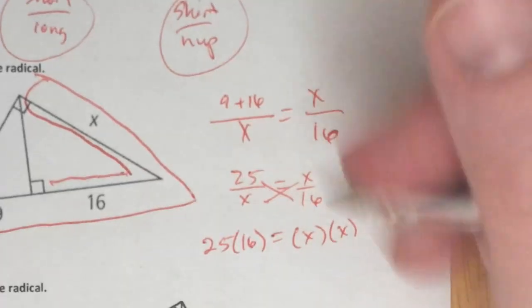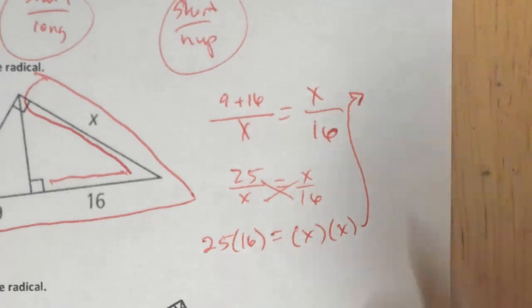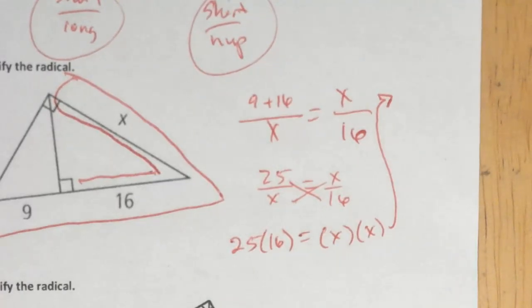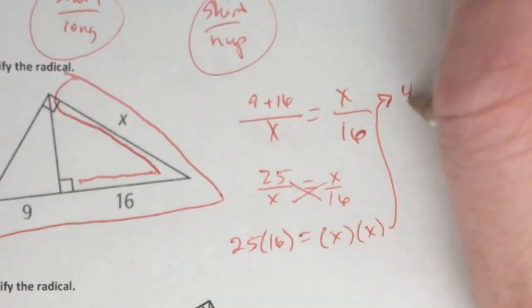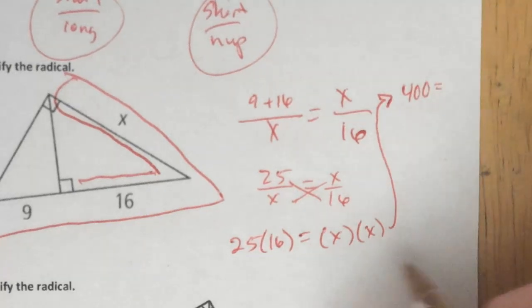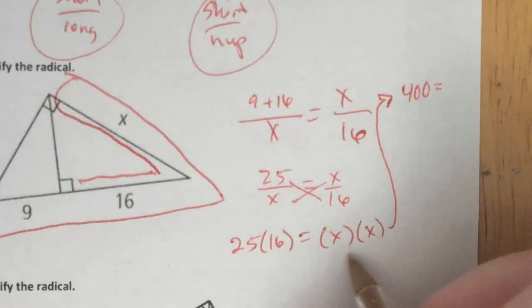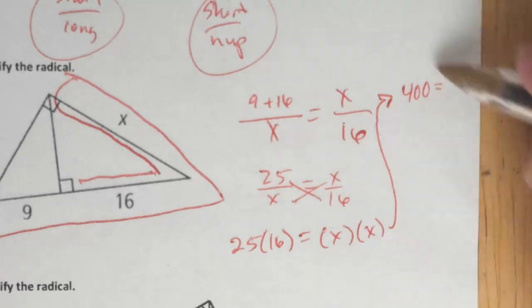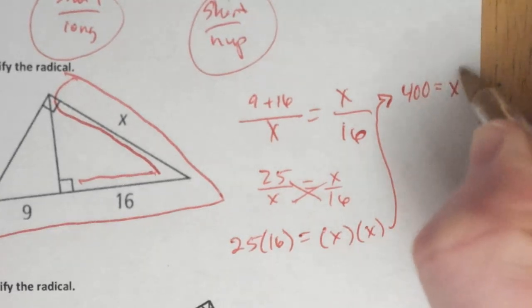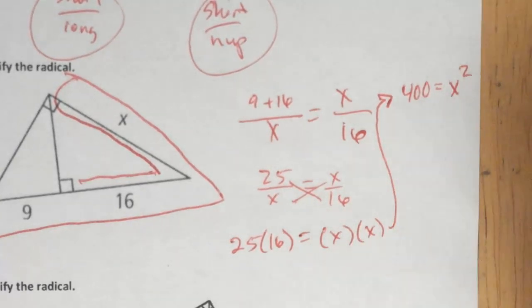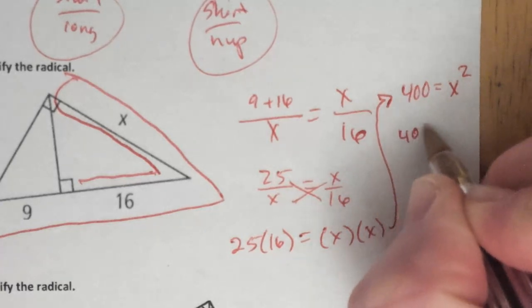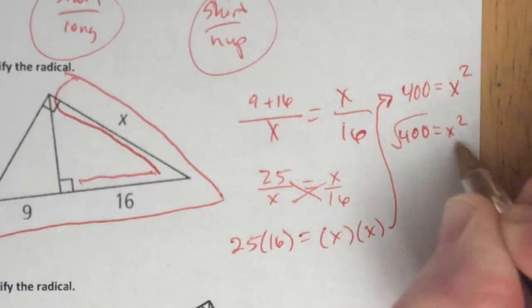Now I ran out of room, so I'll put it up here. If I do 25 times 16, I get 400 equals x times x, and that is not 2x. That is x squared. X times x is x squared. 400 equals x squared. I would square root both sides.